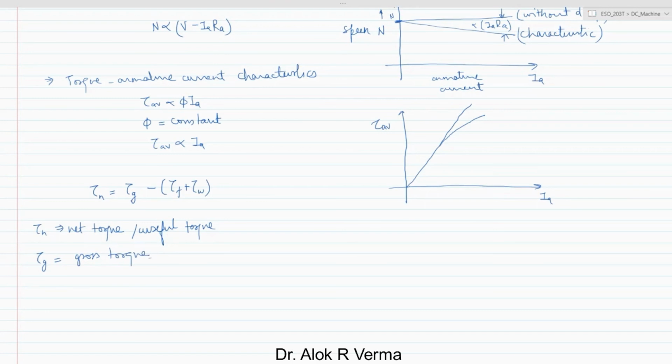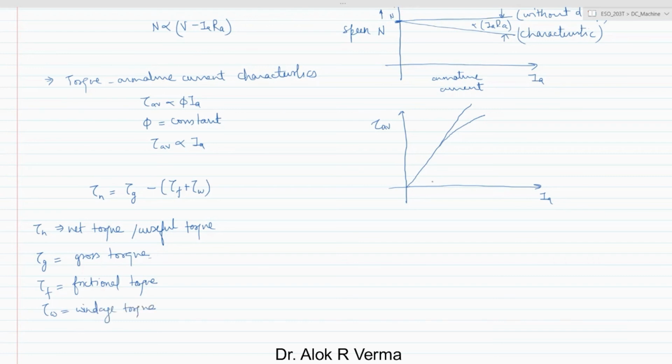Tau g minus this is due to the friction and wear and tear. So tau f is the frictional torque, which is causing the loss, and tau w is the torque due to the air resistance.